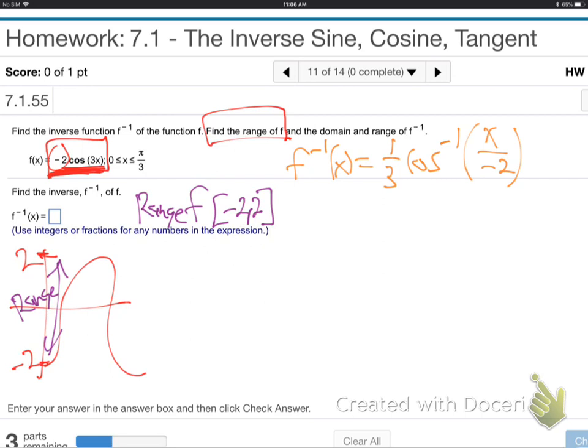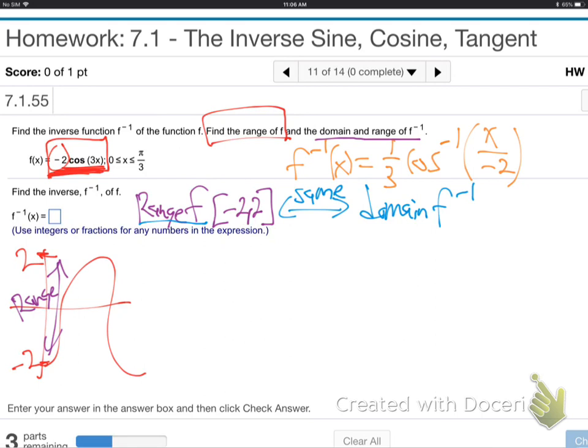What else do they want? The domain and range of the inverse. Remember the connection between inverse functions and the original functions? The range of f is the same as the what of f inverse? Domain.